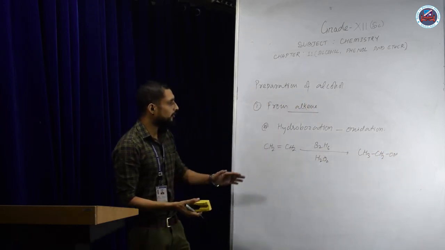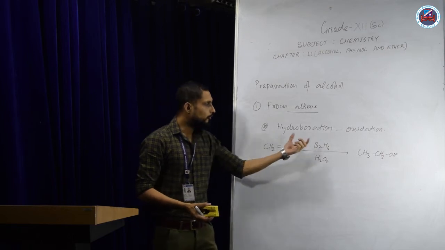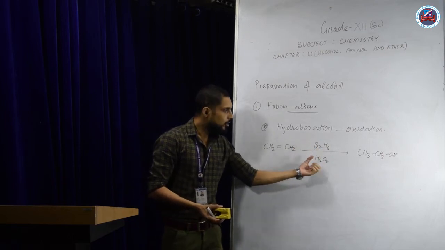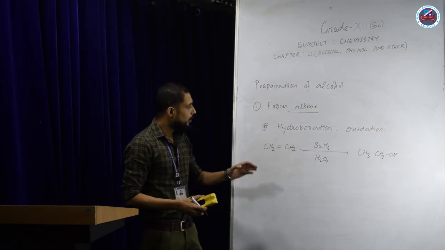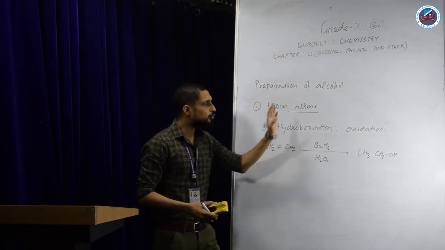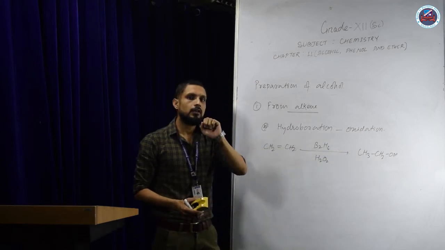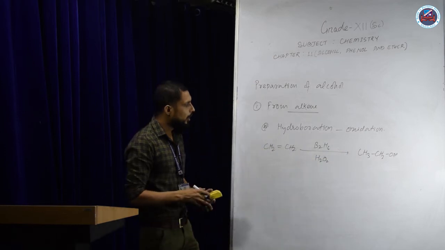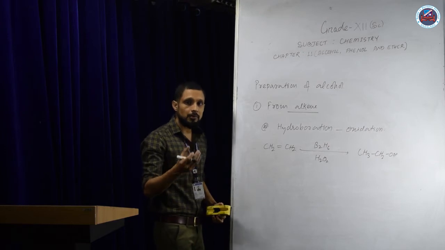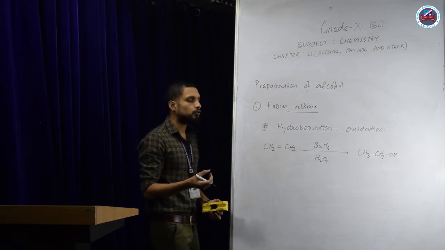Now, the reaction of boron and hydrogen peroxide with alkene gives the same product as we got in direct hydration method. But if we use unsymmetrical alkene, the product will be different.